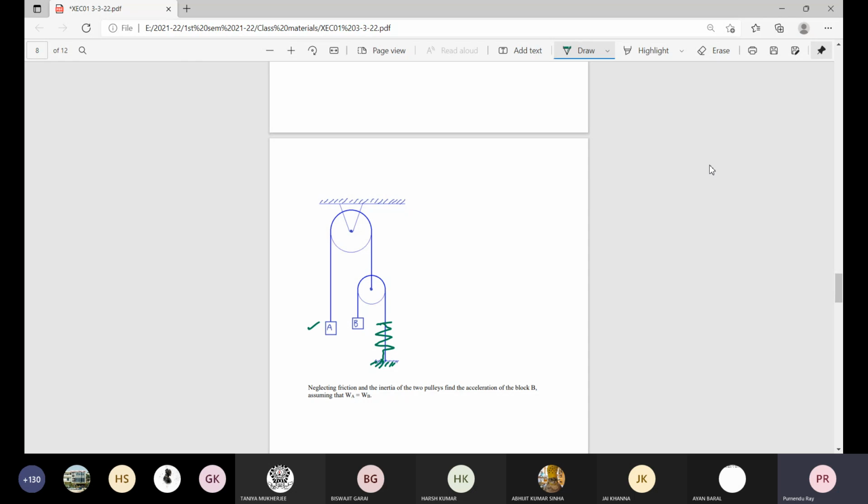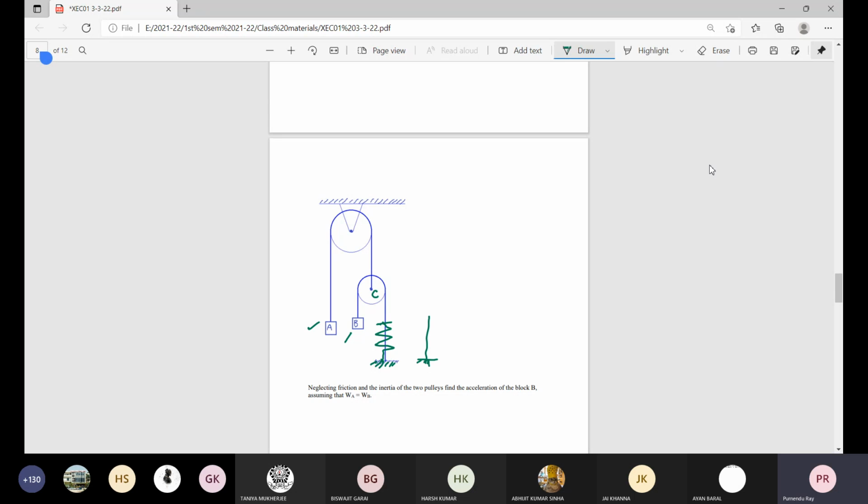A is as it is, pulley C is like that. One rope is passing over the pulley, that is also correct. At the free end, weight B is hanging, but the other end is not attached to the floor directly in this manner. Something in between is there. The free end of this rope is connected to a spring.